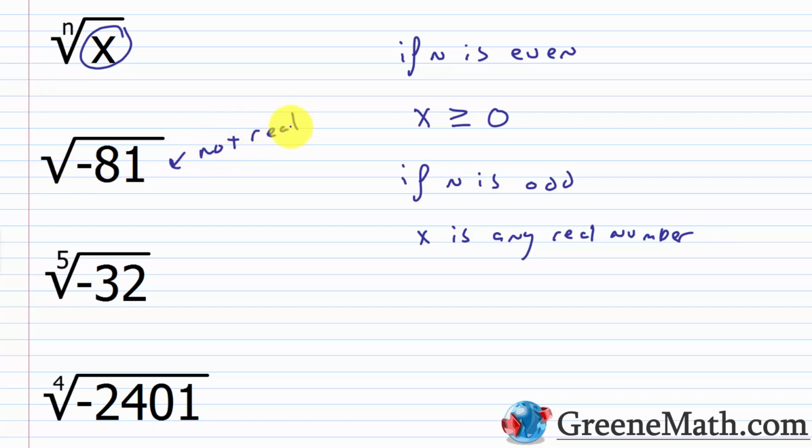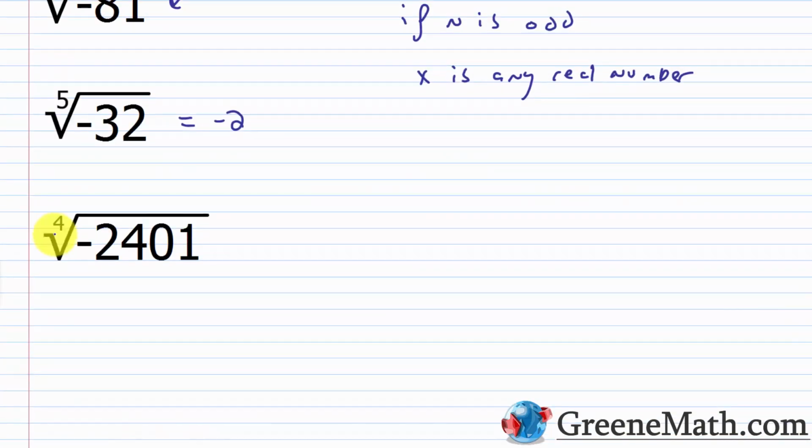The fifth root of negative 32 is just negative 2. Then something like the fourth root of negative 2,401, there is a negative here. Can't take the even root of a negative number. This is not real, okay? And again, in a few lessons, we'll learn how to deal with taking the square root of a negative, but for right now, we're just going to say it's not real.